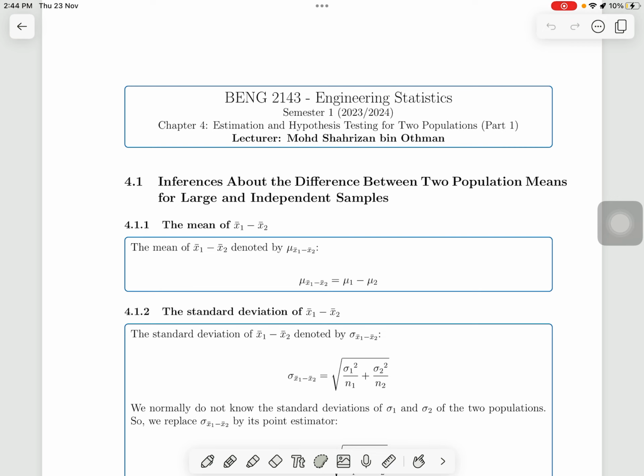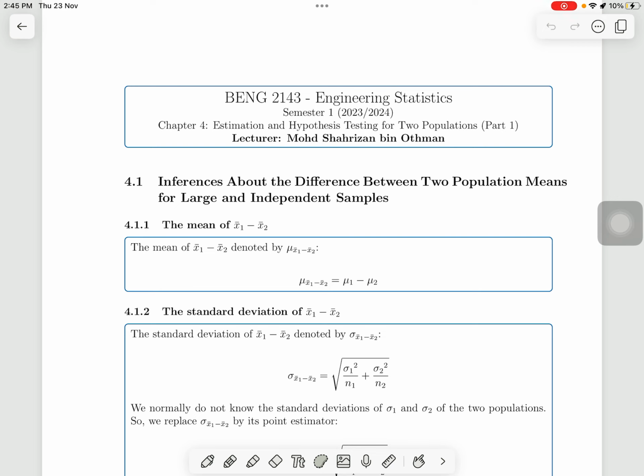Today is inferences about the difference between two population means for large and independent samples. Do you understand about independent sample? Independent sample means there's no relationship between the two samples or groups of the two samples.